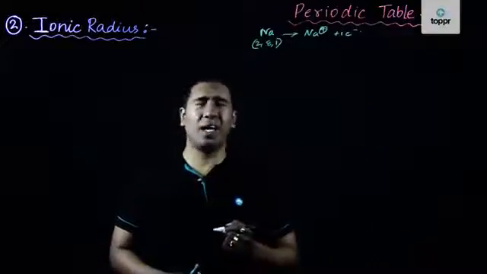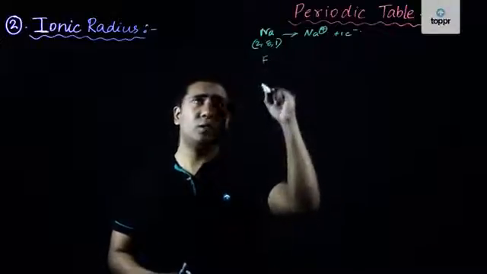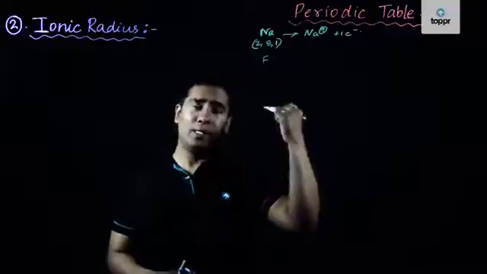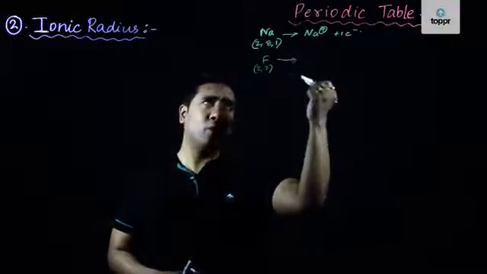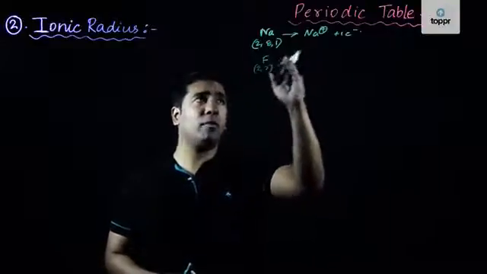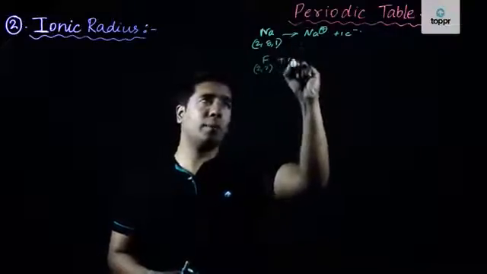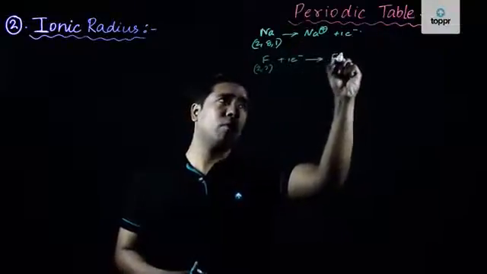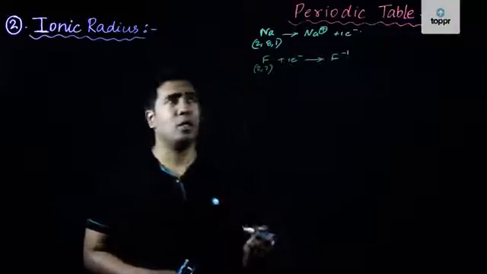In a similar way, we can also have the fluoride ion. Fluorine, whose atomic number is 9, has electronic configuration 2,7. In the opposite situation to sodium, fluorine will accept one electron and form the fluoride ion, that is F-1 or F1-, whichever way.